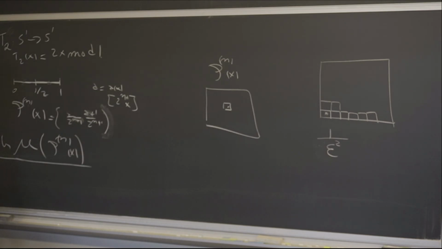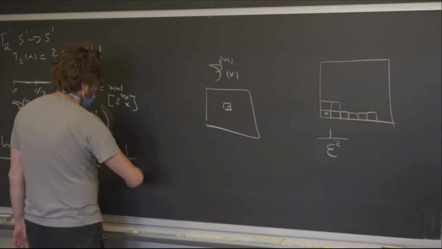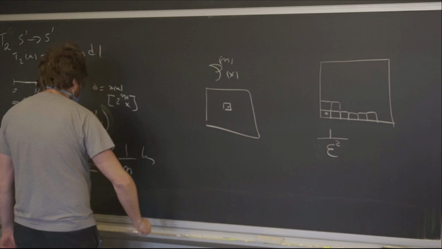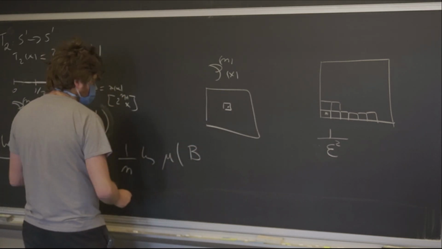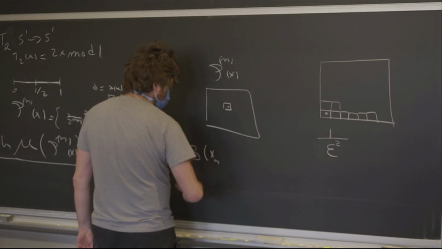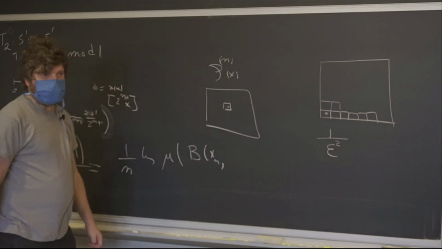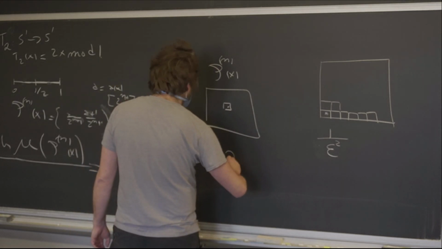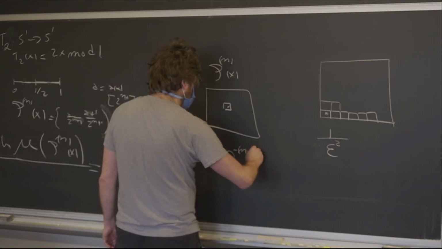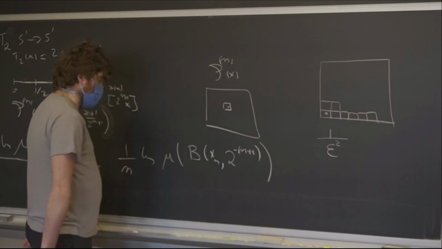Okay, but this is nothing but 1 over n log of the measure of the ball centered in the middle of these guys, so some points xn that I will not discuss who is the point, and radius 2 to the minus n plus 1.